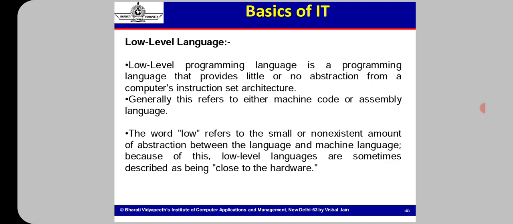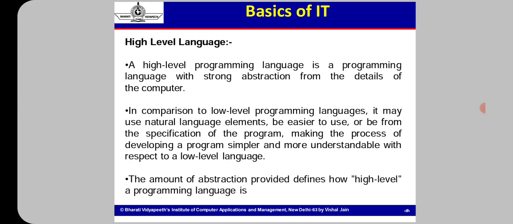Assembly language is a mnemonic type language, meaning a language with some codes. Generally in assembly language we use some codes for writing various instructions like addition, subtraction, division, multiplication, like that. So these are the low level languages.